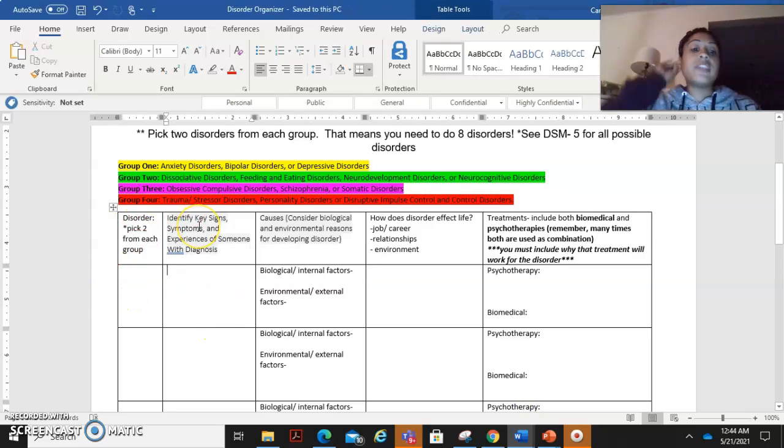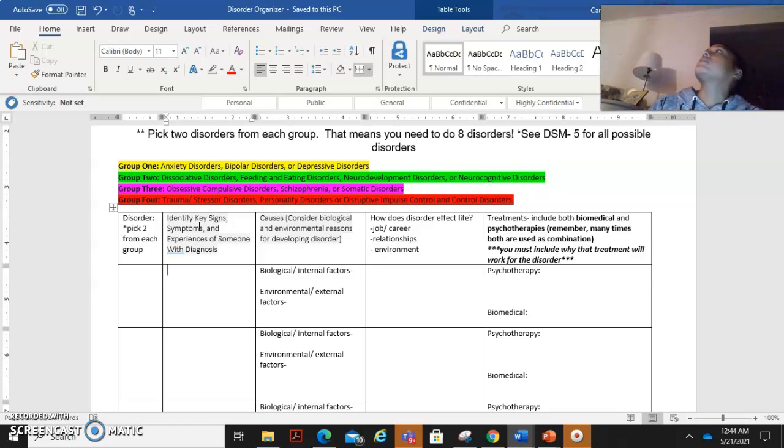Next, you need to look for symptoms, signs. What is a person experiencing when they're experiencing panic disorder? Okay, symptoms: rapid heart rate, lack of sleep, mood changes like super fast talking, hearing voices, thinking things are there, hallucinating. All of those are just symptoms.